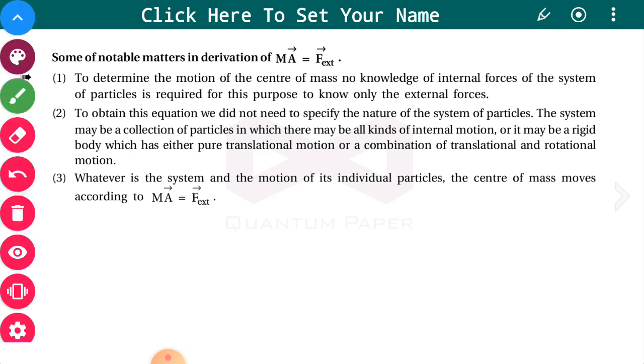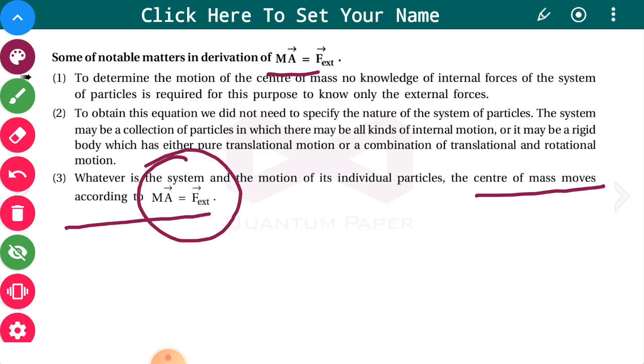To obtain this equation, we did not need to specify the nature of the system or particles. Whatever the nature of the system or particles, this equation is applicable. Whatever the system and the motion of its individual particles, the center of mass moves according to this formula, that is ma is equal to F external. This formula is applicable to whichever system and whatever the motion of the individual particles may be.